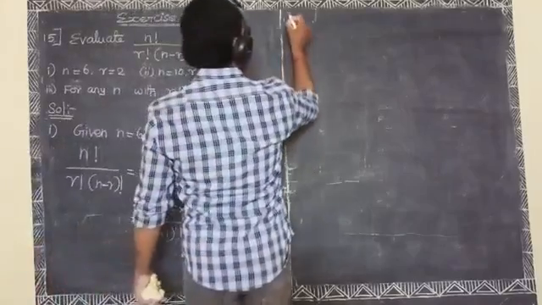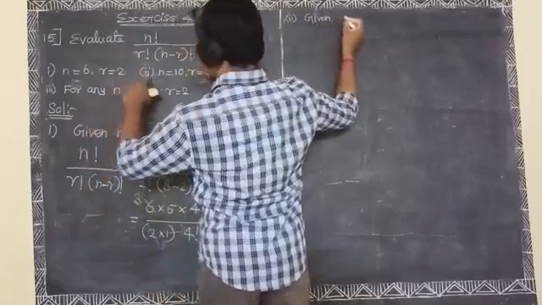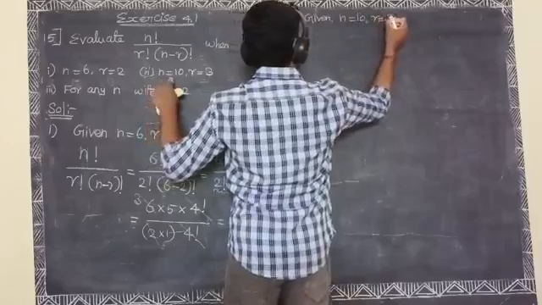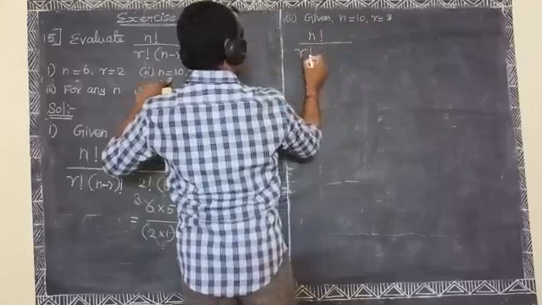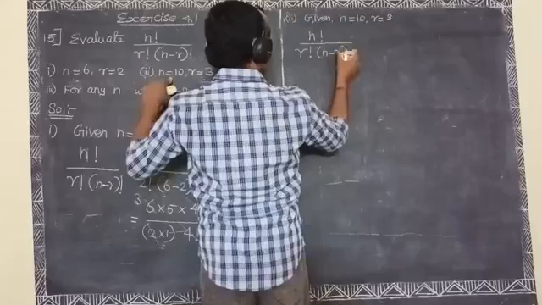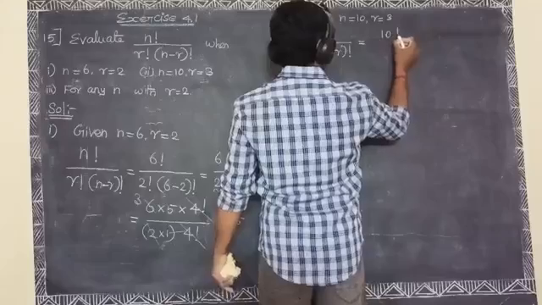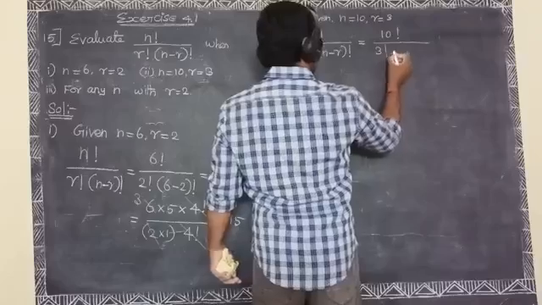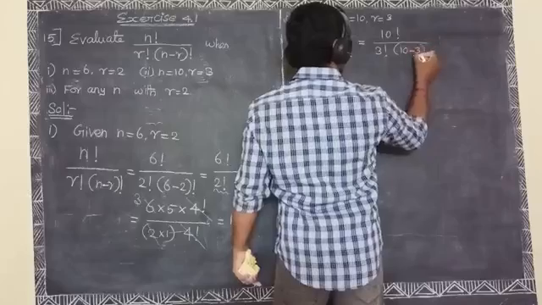In the second subdivision given n equal to 10 and r equal to 3. Here n factorial divided by r factorial into n minus r factorial. Okay, n factorial is 10 factorial divided by r factorial is 3 factorial into n minus r, that is 10 minus 3 factorial.